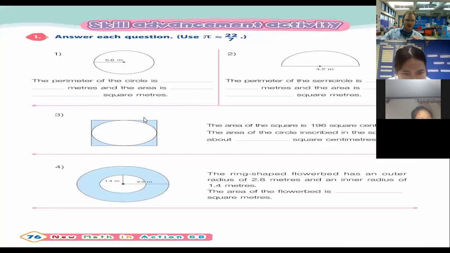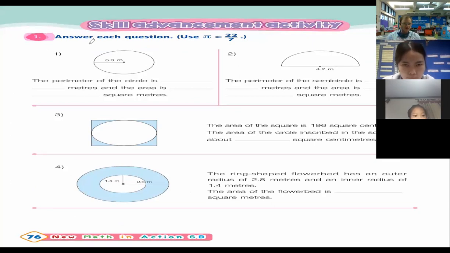Let's start from number 1. We looked at it last time as well, but it's just to refresh our minds and put us into the learning mood.